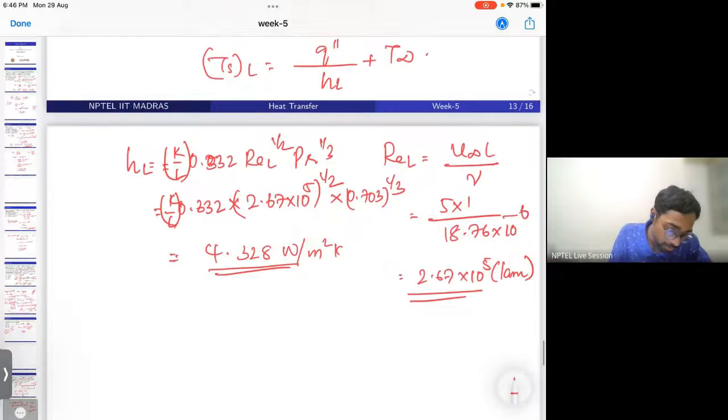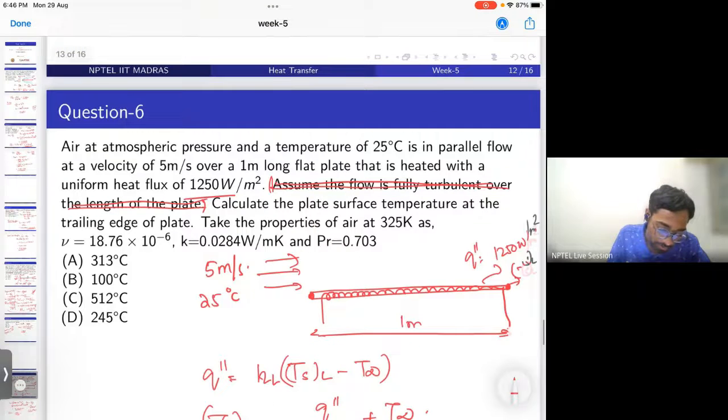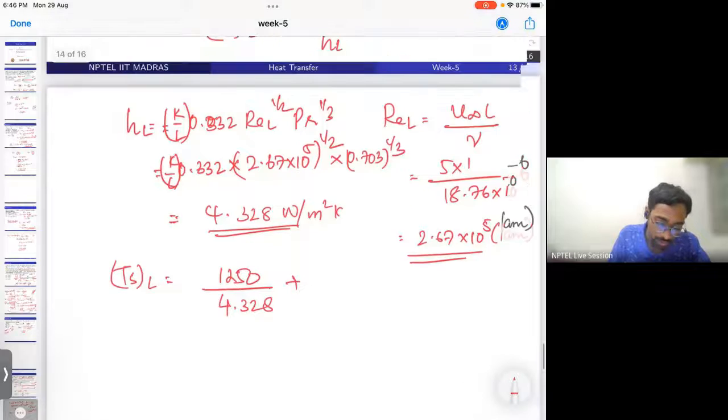So now we just need to substitute the values. That is, what is q double dash? It's already given, 1250, divided by 4.328, plus what is T infinity? T infinity is 25.